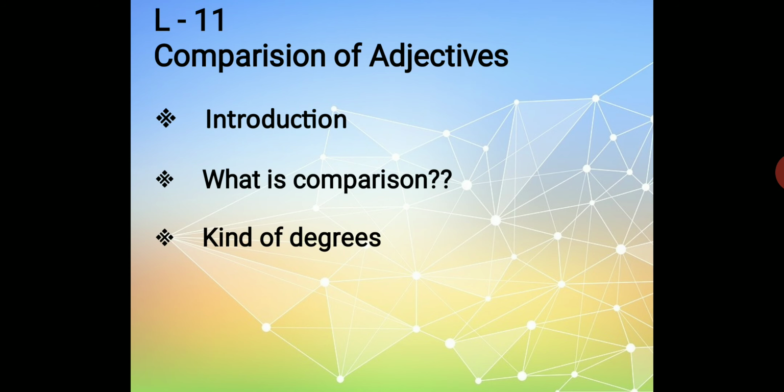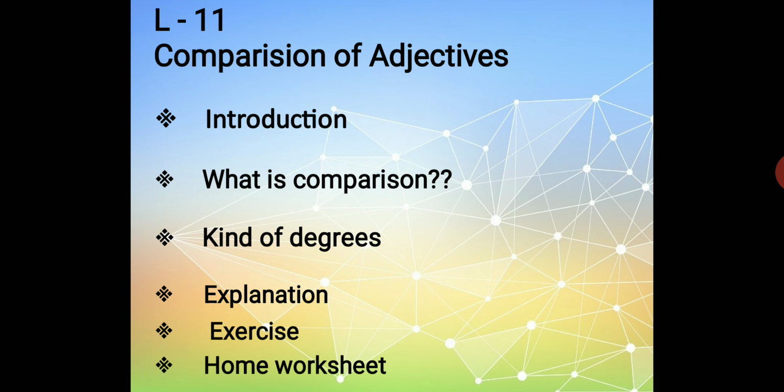Then we will learn about the kinds of degrees. Then I will explain the kinds of degrees with examples. Then we will do the exercise to get more clarity on the kinds of degrees. And then I will give you a homework worksheet.